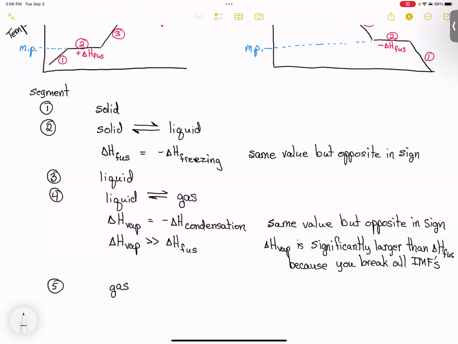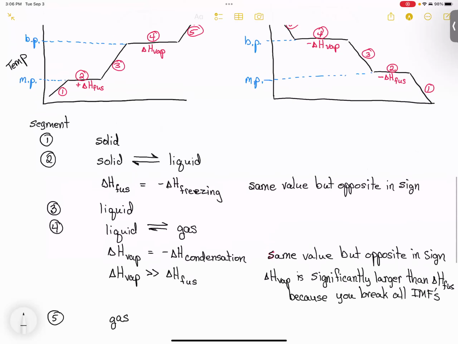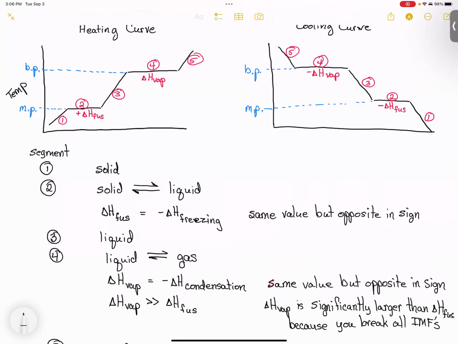So if I gave you a heating and cooling curve, could you tell me what the freezing point of the substance is? Sure. It's that lowest line. Whatever it is attached to, that's the freezing point of the substance. The boiling point would be the upper line. Whatever its temperature is, that would be the boiling point of the substance.